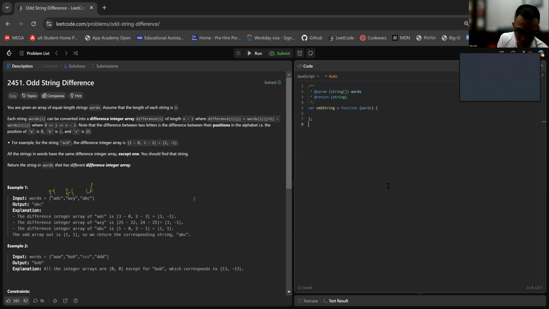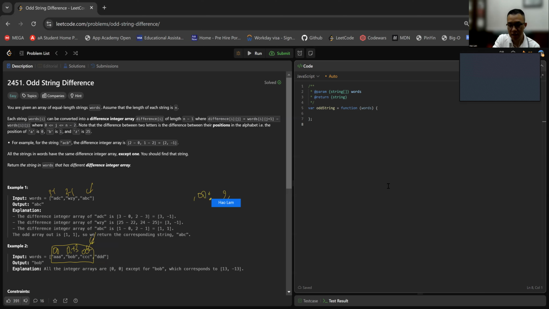Or in this case, when we get to the third word, which is CCC, the difference here is 0 and 0. This one is 13 and minus 13. Starting from the third word, we notice that the difference 0, 0 of the current word CCC has already appeared one time, and this is the second occurrence.